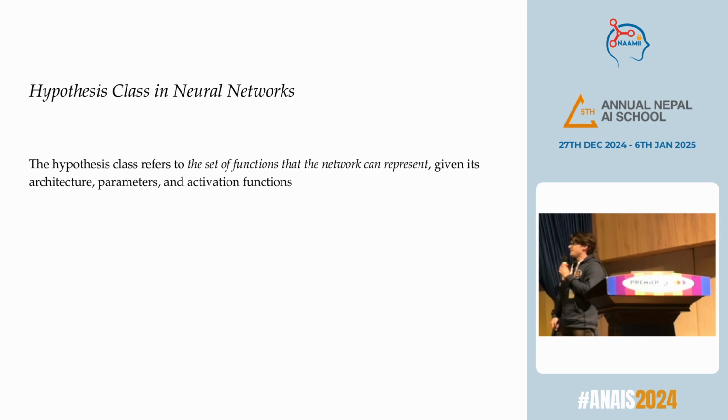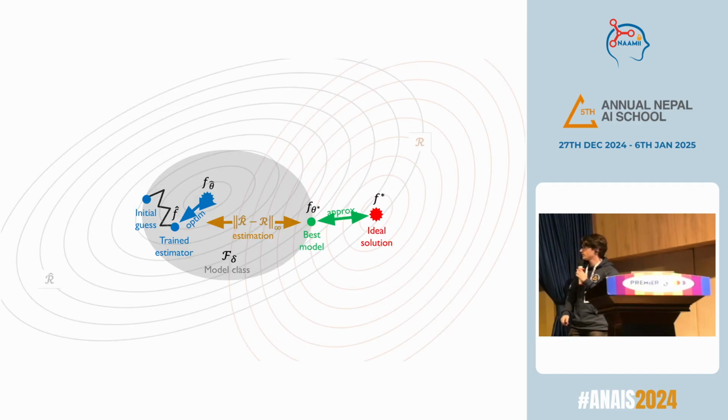So basically, these biases are going to help us restrict the hypothesis class. The hypothesis class is the set of functions that neural networks can represent, given their architecture, parameters, and activation functions. And the idea, going back to this picture that we've seen briefly before, is that we want to restrict the functions that we can sample according to some additional knowledge. So not just the distribution that we could sample from according to the data samples alone, but we know sometimes that our signal is in some specific domain that must satisfy some properties.